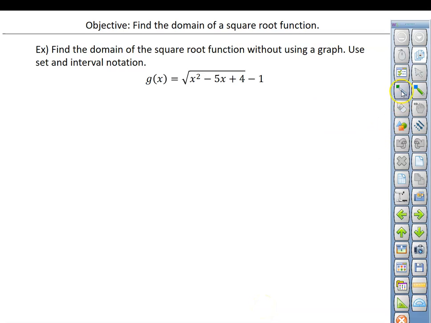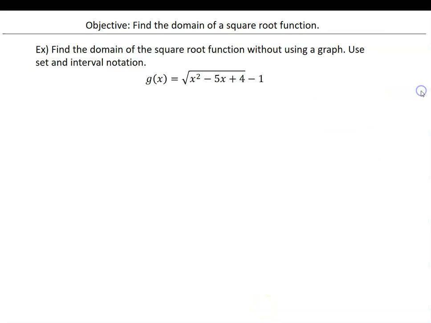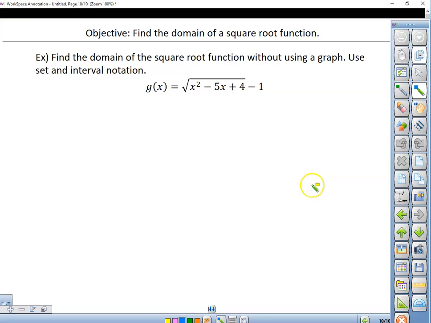All right, so in this example, our radicand is still a quadratic, but it's a trinomial. So we're again looking to make sure that our radicand values are non-negative, which means that any x we use has to make x squared minus 5x plus 4 greater than or equal to 0.